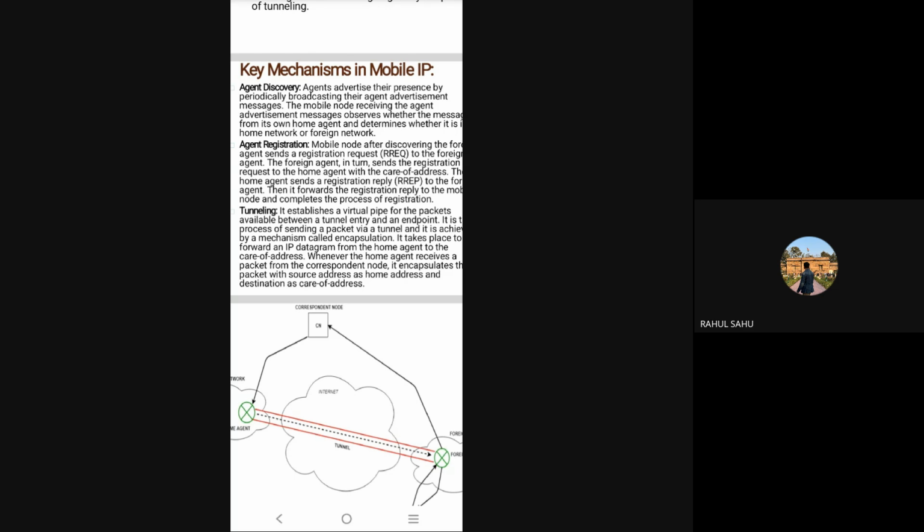That is, it establishes a virtual pipe for the packets between a tunnel entry and a tunnel endpoint. This is important: tunnel entry and tunnel endpoint. Data only enters from one end and is received at the other end. There is no other interference in between. This is a dedicated, virtual path.